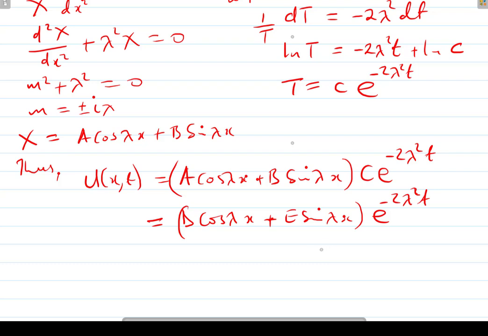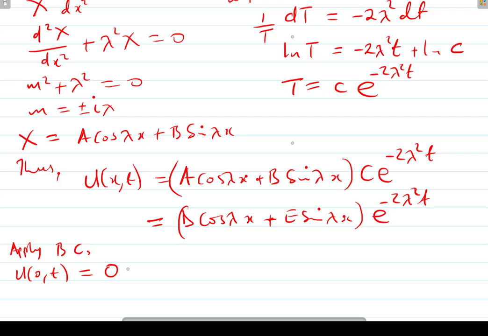Now we start applying conditions. That's where we start applying the boundary conditions. So u at (0,t), we are told this is 0. So it means where there is x, you put a 0.